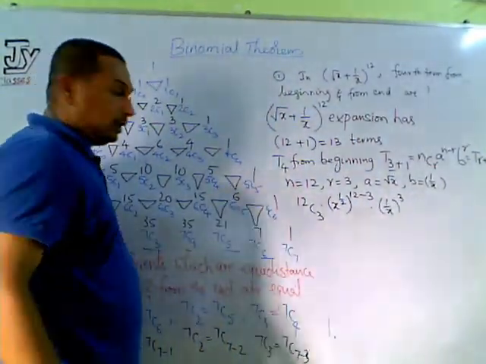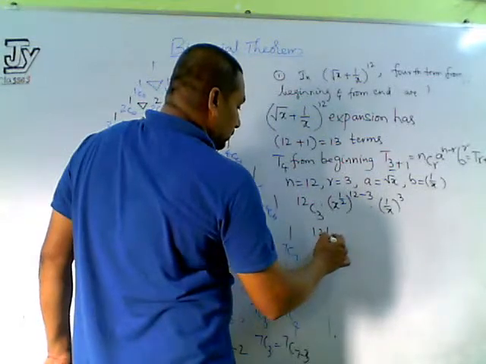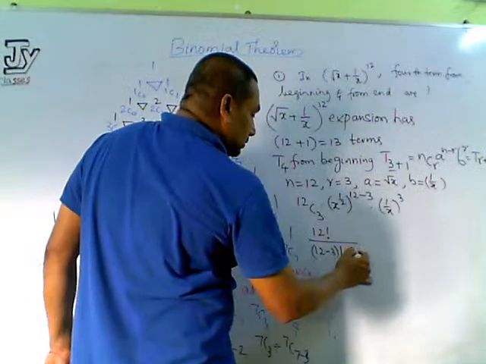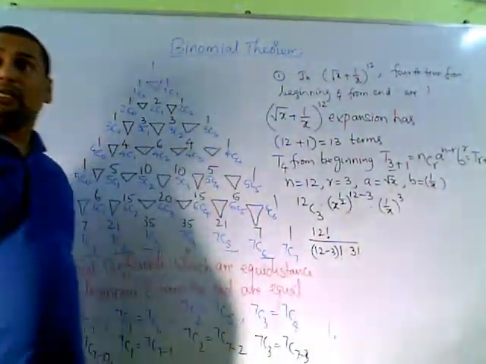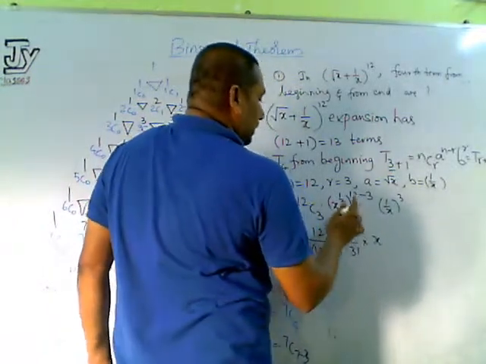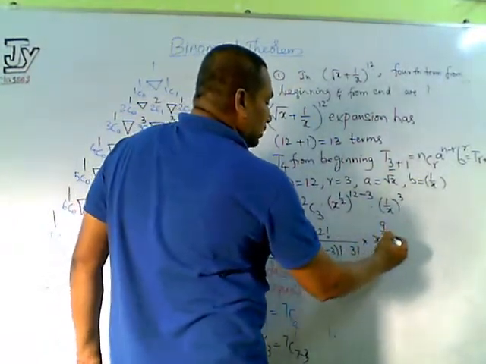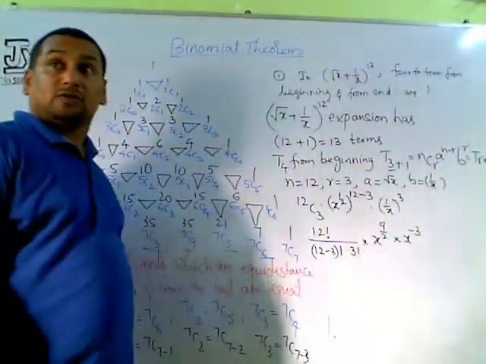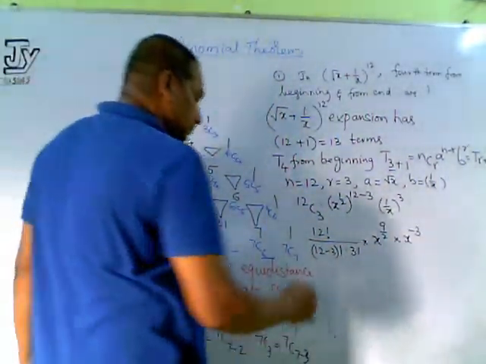So 12C3 is 12 factorial by (12 minus 3) factorial into 3 factorial. If you can simplify, then simplify, otherwise no need. Times x power 9 by 2 into x power minus 3, since 1 by x means x power minus 1, whole power 3.